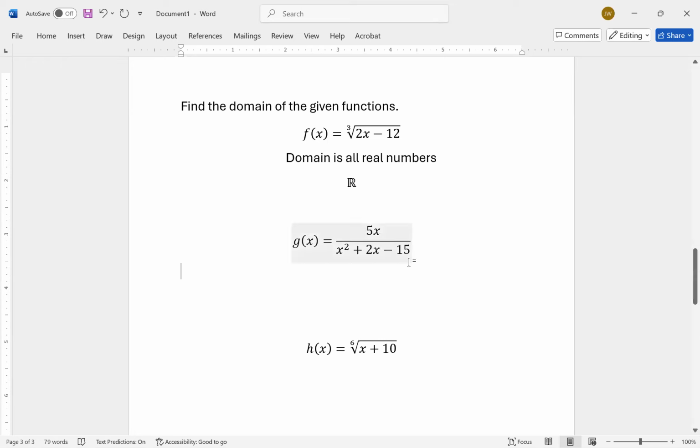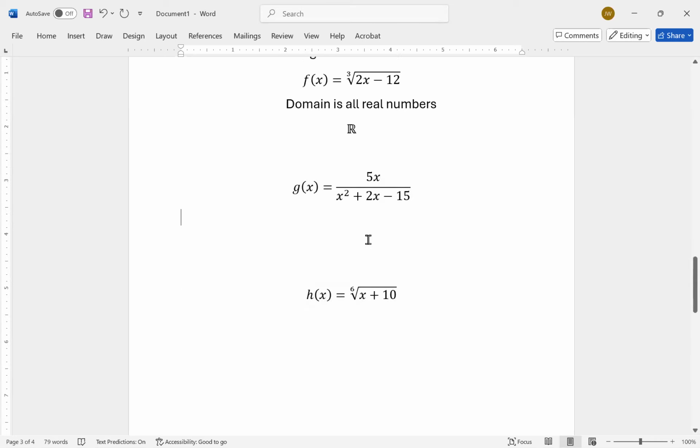Let's take a look at g of x. Well, here we're going to have a denominator which could turn into 0, possibly. There's no square roots, so our denominator turning into 0 is the problem spot.